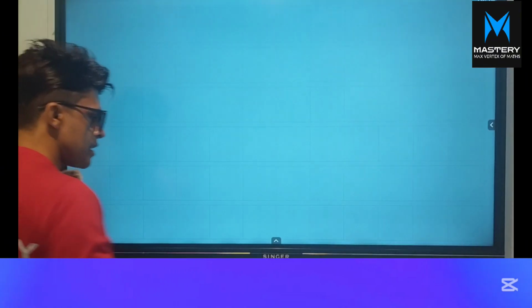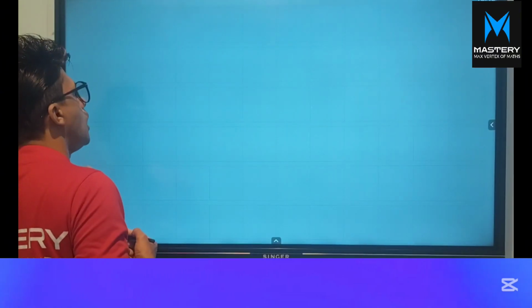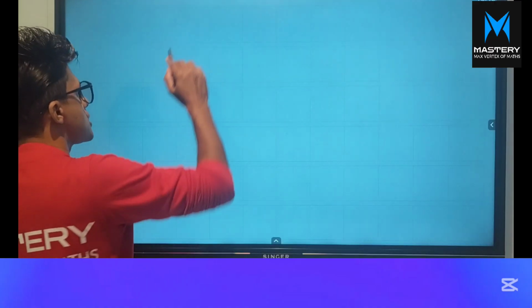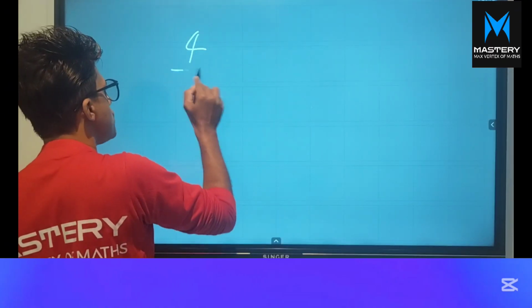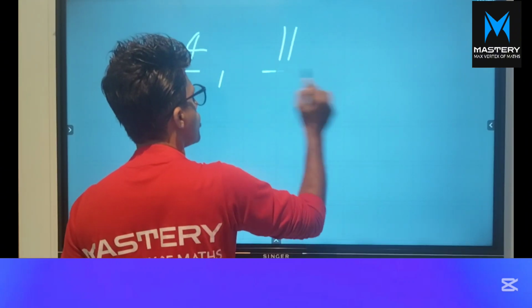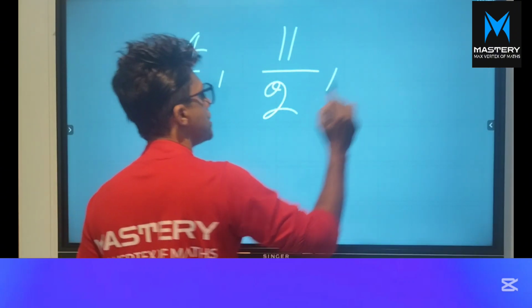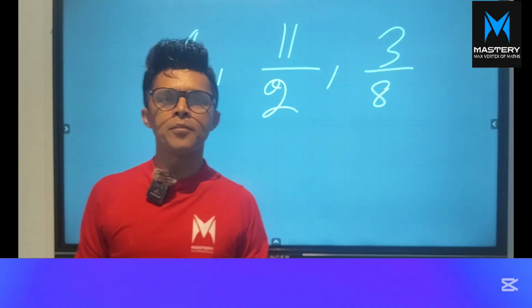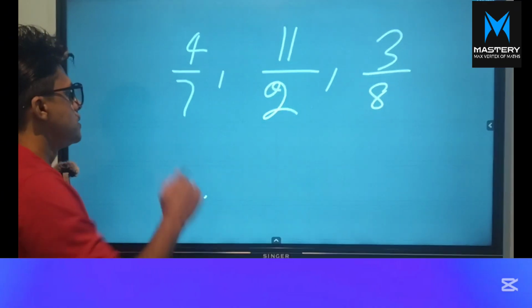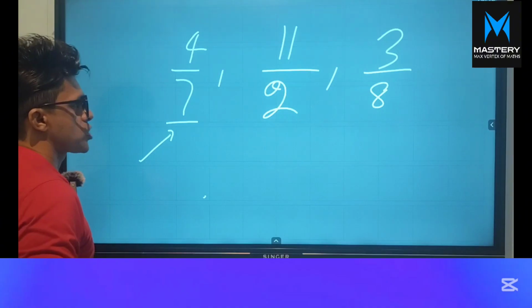So the next point is, just think of this one: 4 over 7, 11 over 2, and 3 over 8. Can you choose the proper fractions here? This can be taken as a proper fraction. This one also.